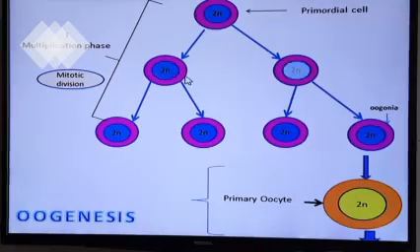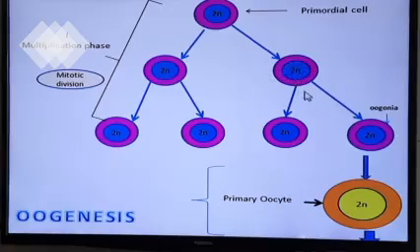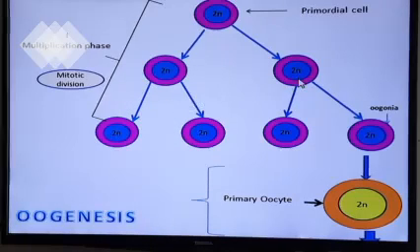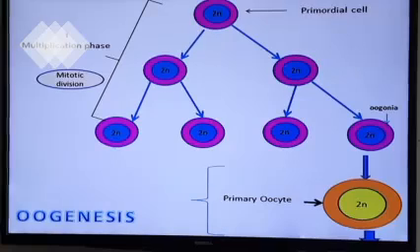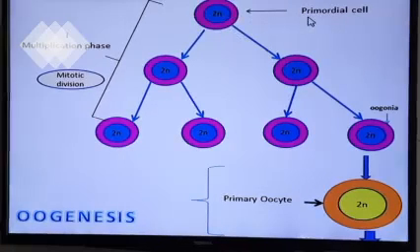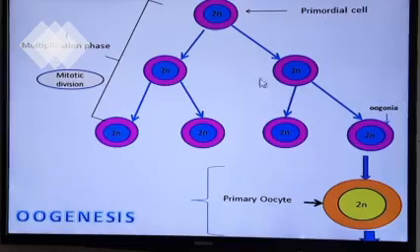These 2 daughter cells again divide and form 2 daughter cells each. These daughter cells are called oogonium. Each divides and forms 2 oogonium. In this way the number of cells increases.